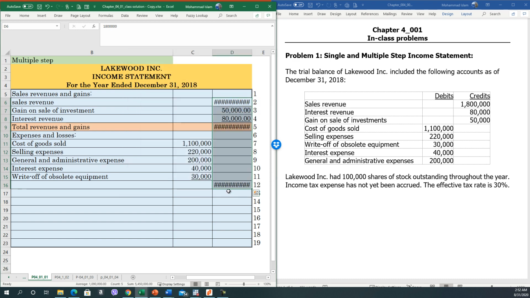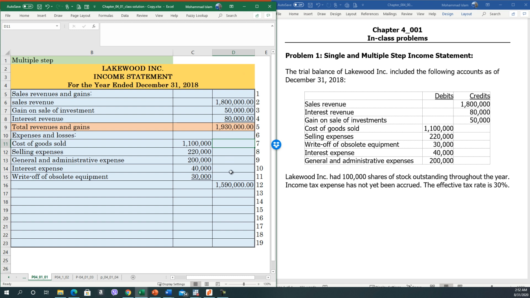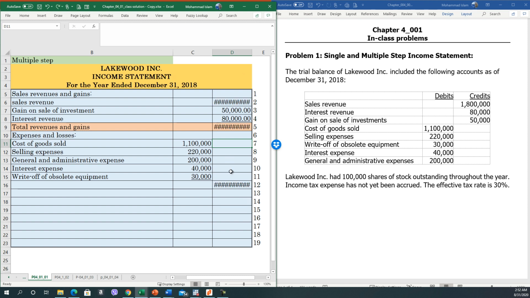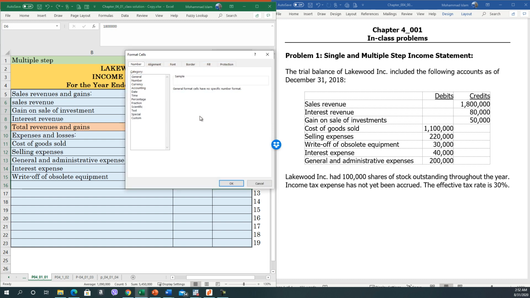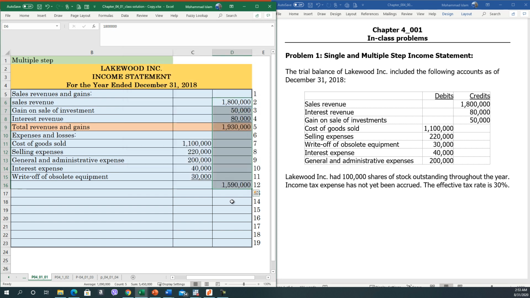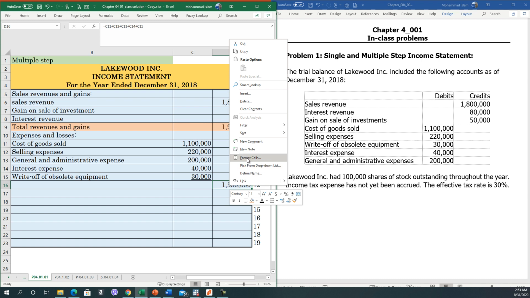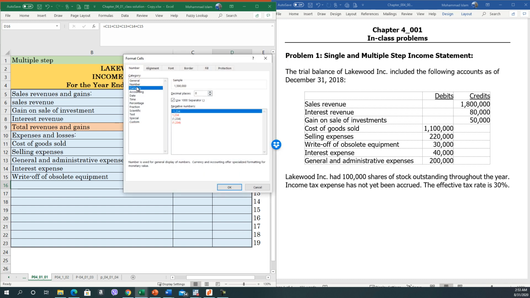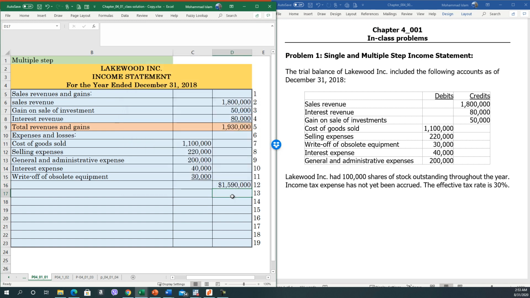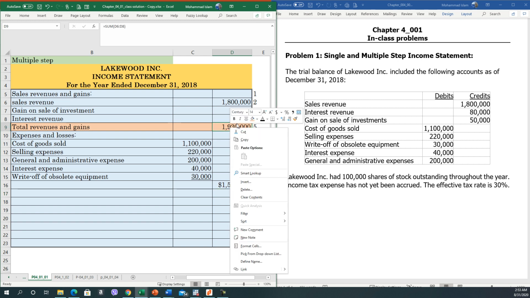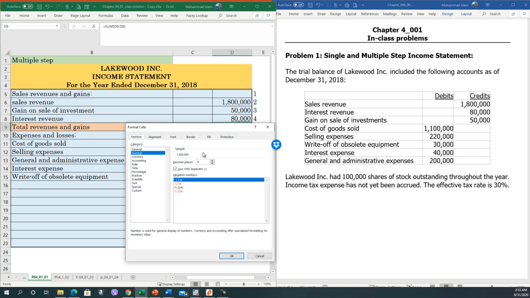When I use the currency, it should give me a dollar sign, which is what I am expecting.